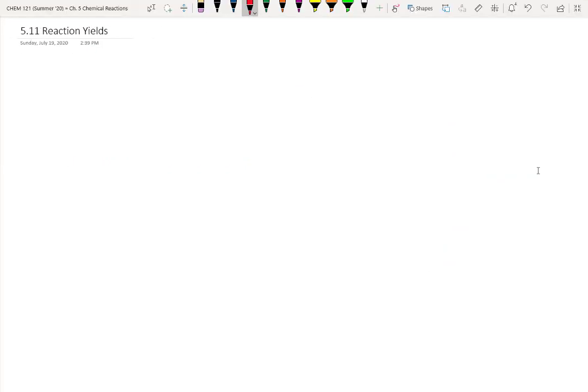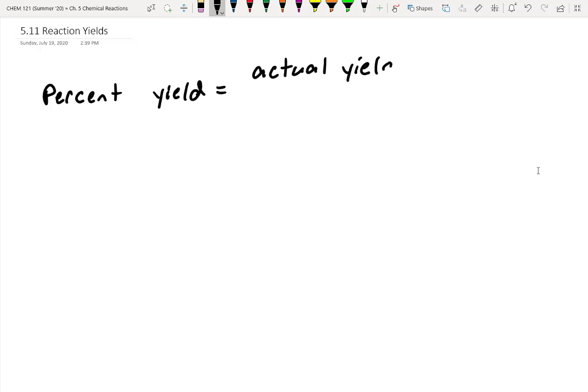And luckily, this isn't too bad as long as you've got the last part down. So the percent yield for a reaction is going to be your actual yield, meaning what you find as your mass in real life, versus your theoretical yield times 100%.